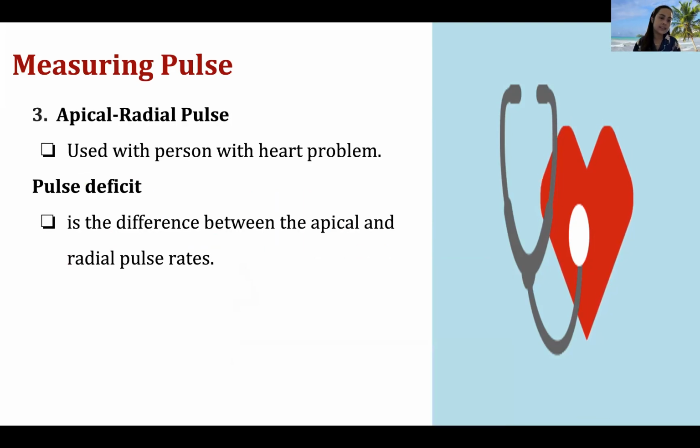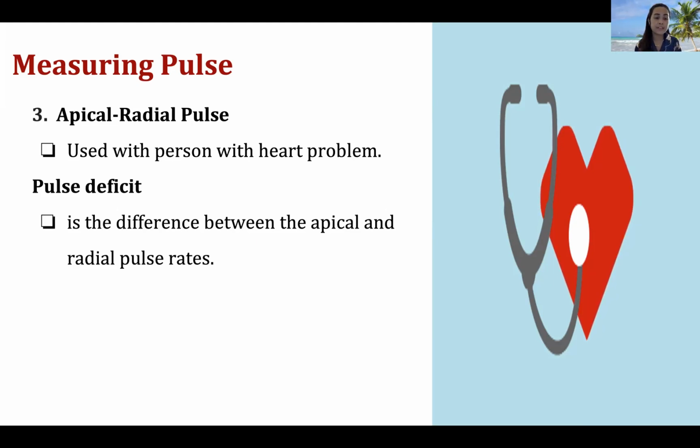Next, we can use the apical radial pulse. You will use it at the same time if the person is having a heart problem. You will just compare the radial pulse that you have and the apical pulse that you got.